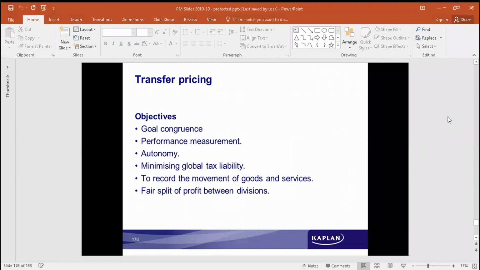Now the transfer pricing concept is very easy to understand in the context of calculation of ROI and RI, because these things are calculated and the managers are evaluated based on ROI. At this point, the criterion for managers is to ensure that they have good ROIs.